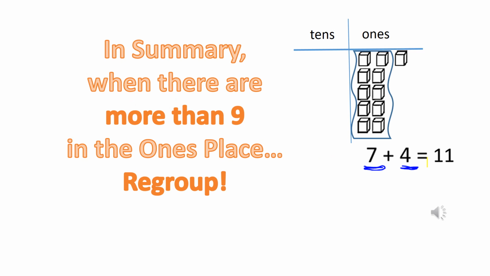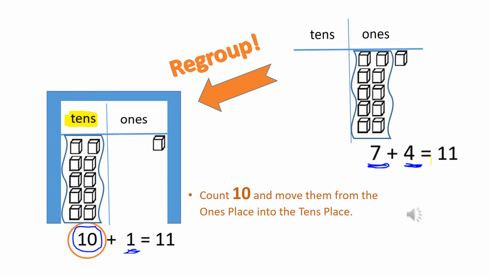In summary, when there are more than 9 in the ones place, you need to regroup. To regroup, count 10 and move them from the ones place into the tens place.